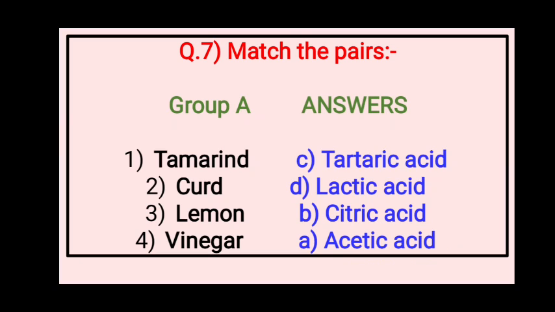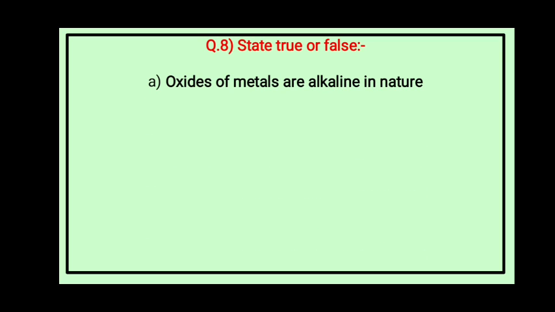Now we move to question number 8. State true or false. In that first one, oxides of metals are alkaline in nature. Now if you all remember, we had done this in chapter 7 also, metals and non-metals. So oxides of metals are alkaline in nature. Is it true or is it false?